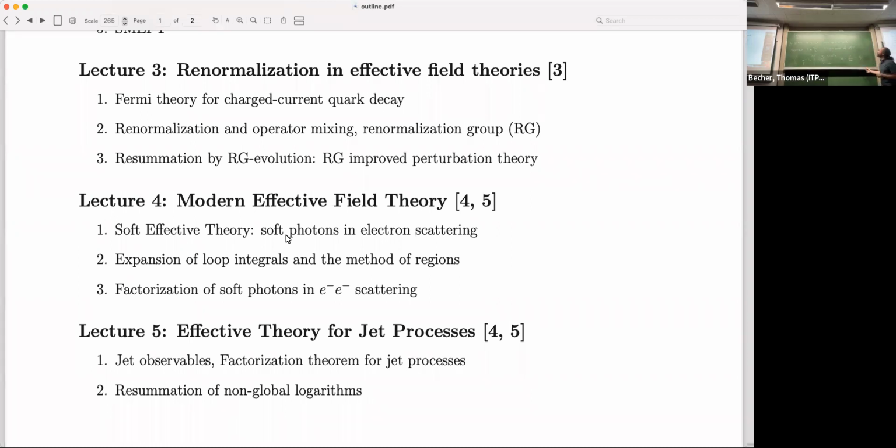Throughout my lecture, I will work with natural units. I set hbar and c and everything to 1. Hope that is fine, or we can discuss it.